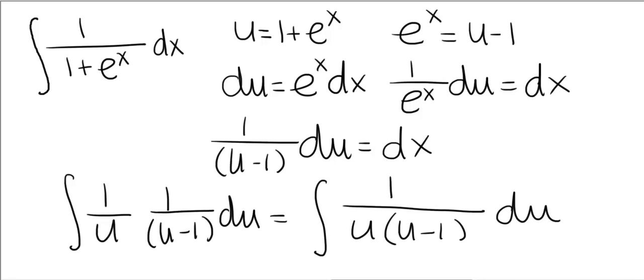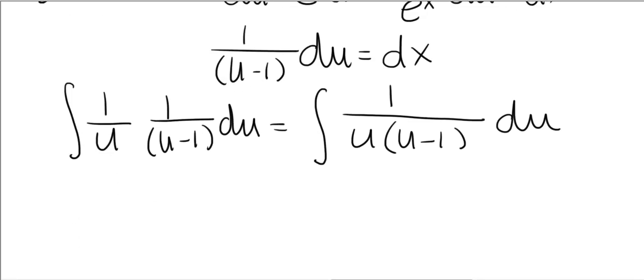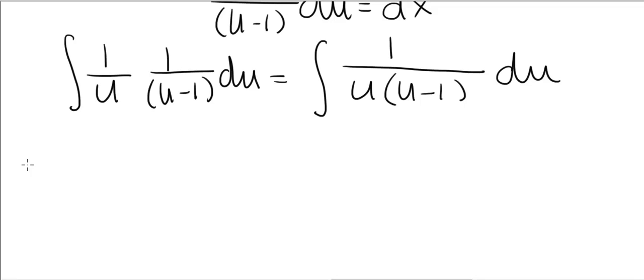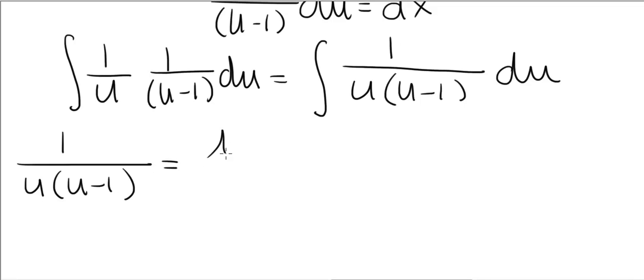And of course we'll do that by using the method of partial fractions. 1 divided by u times u minus 1. Since these are two distinct linear terms, we can write it as a over u plus b over u minus 1.